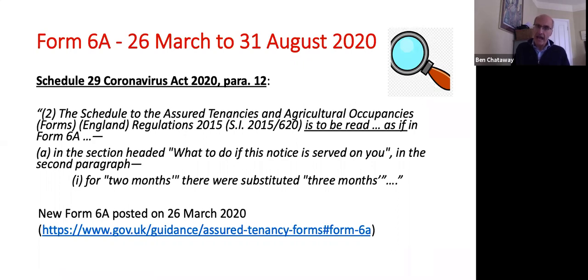I mean, my own view is that it's pretty obvious it means the latter. There was a new form posted on the government website, and it seems to me that the argument only arises because of these words "is to be read as if," which appear in the 2020 Act.